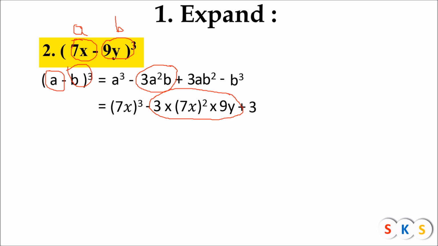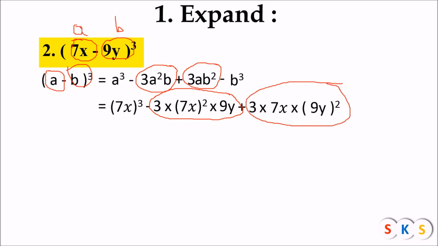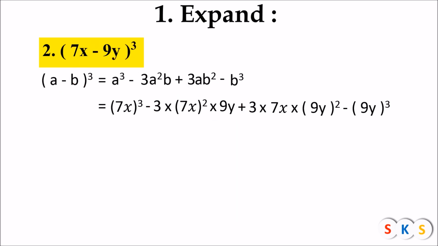Plus 3 into a, that is 7x, into b square, that is 9y square. This is 3ab square. Minus b the whole raised to 3, that is 9y the whole cube. After substituting the values of a and b in this formula, we will simplify further.